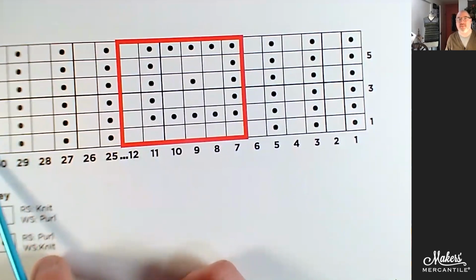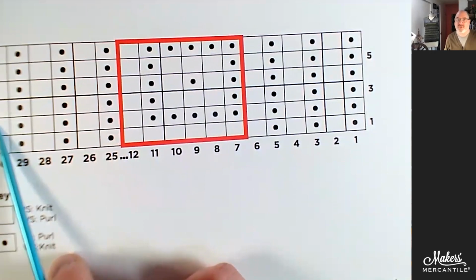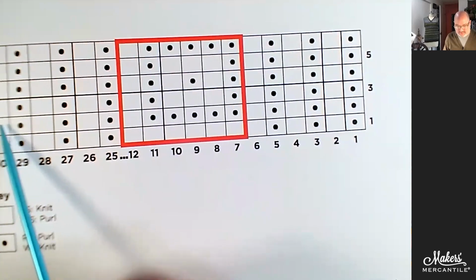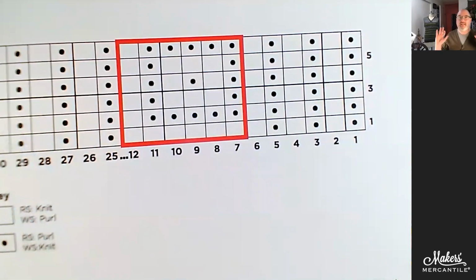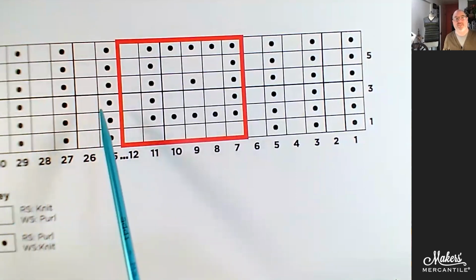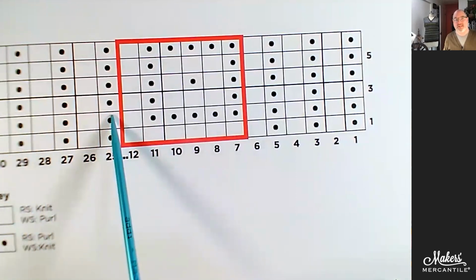This time you're working on the wrong side of the chart, right? The other side of the painting. So we're looking at this chart facing the front of the work. And we know that this square is the opposite of whatever it was facing the right side. So the wrong side is a purl stitch. So I'll purl, knit, knit, because I'm on the wrong side.